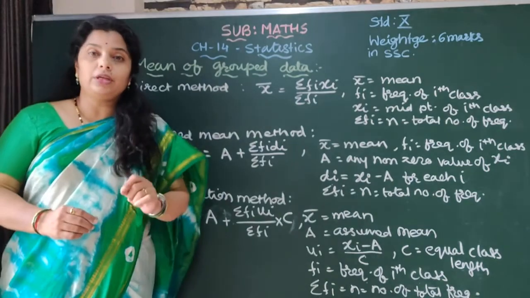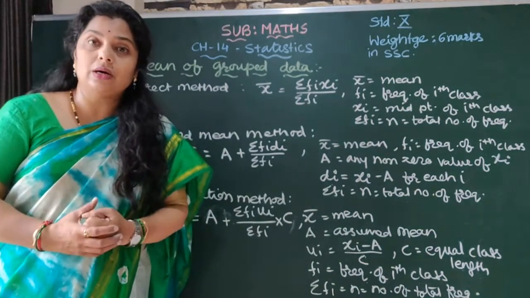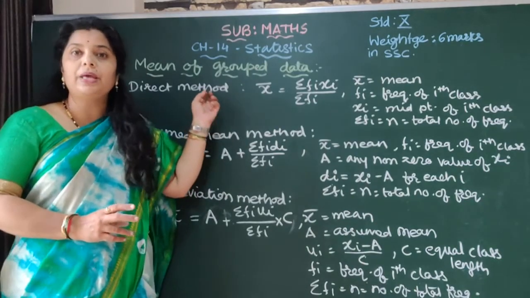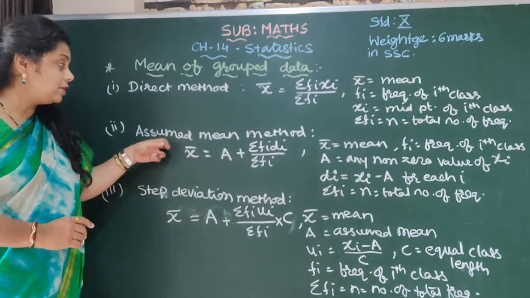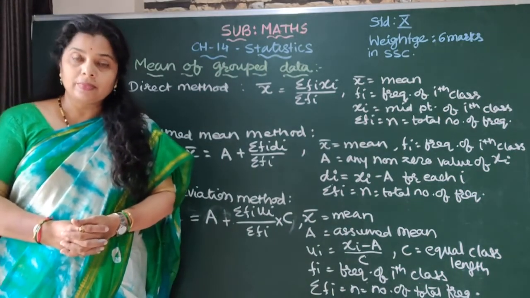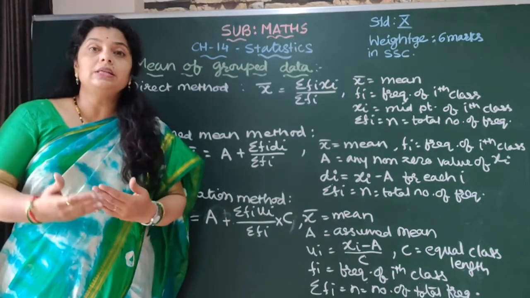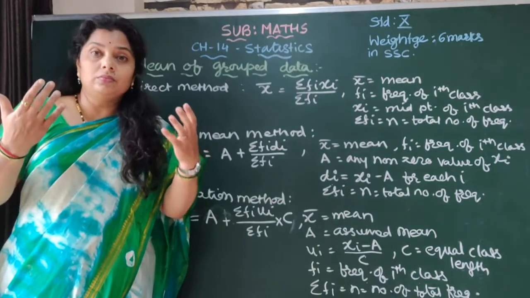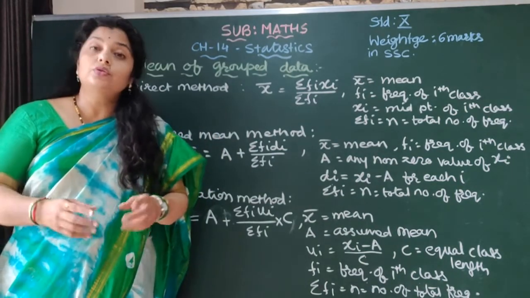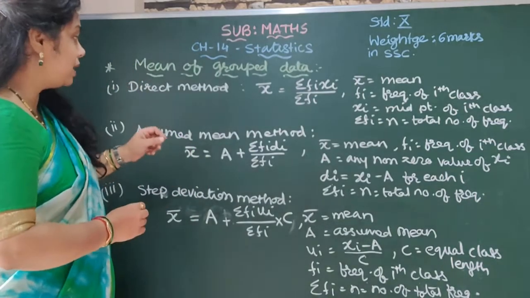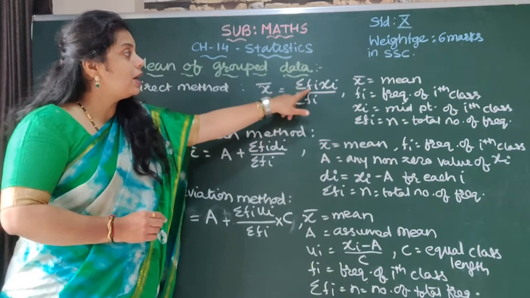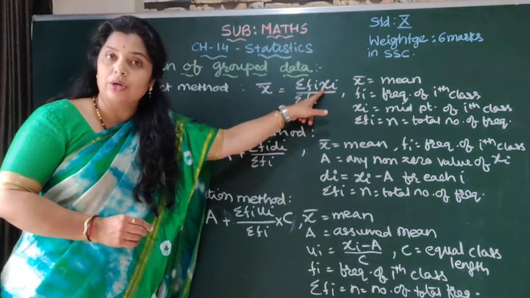See, one question may arise in your mind, that if we have a direct method, then why is it necessary to use the assumed mean method and step deviation method here? Why unnecessarily do we remember these other formulas also? Okay, so the reason behind it is, if you see here, sigma fi xi, it is a product.